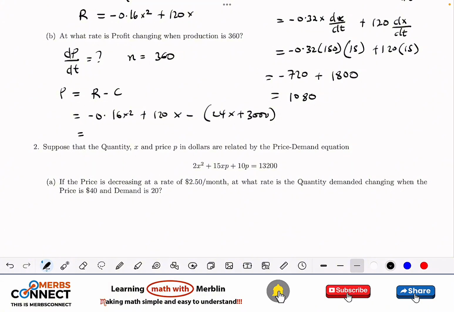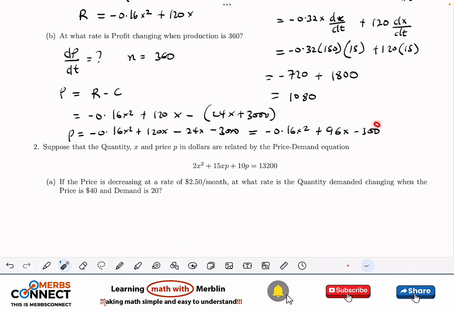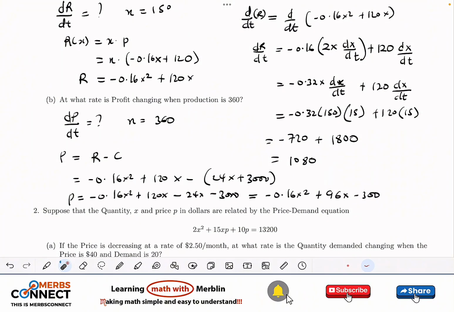So this is going to give us minus 0.16x squared plus 120x minus 24x minus 3000. And this is going to give us minus 0.16x squared plus 96x, I think so, yes, minus 3000. So now this is the profit function.